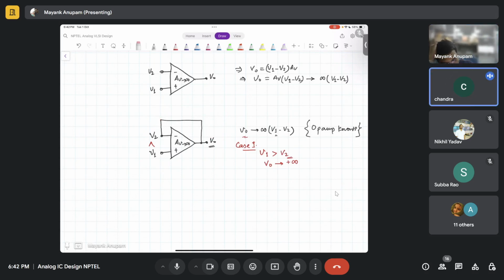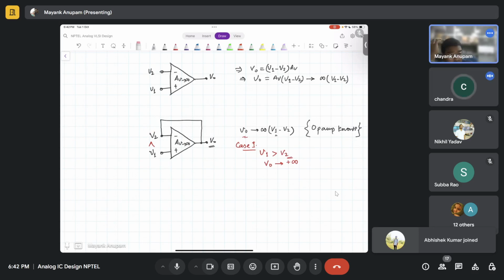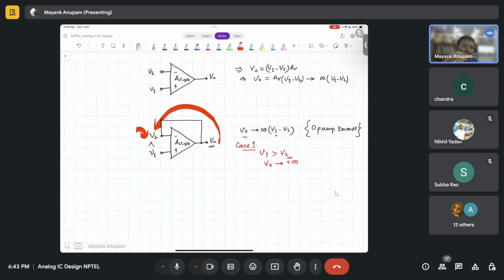I assumed initially that V2 was less than V1, but the moment V2 becomes less than V1, the output is going to force V2 to become very large, to infinity. Something which is not possible, right? So this means that our assumption is not right, isn't it?